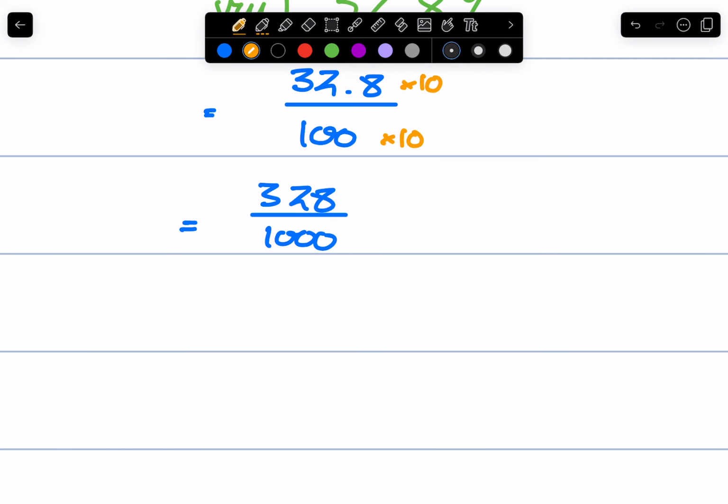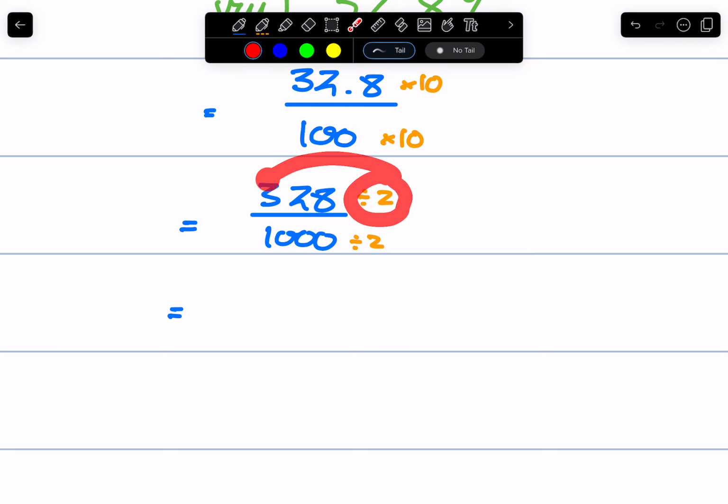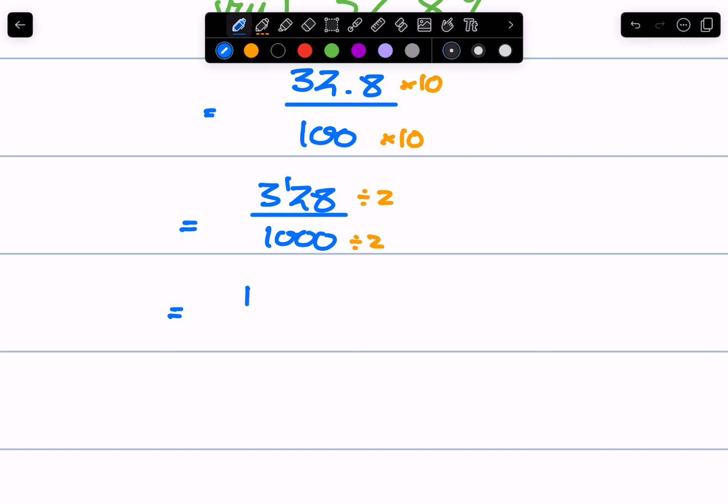And so we need to start dividing this. I can see we can divide everything by 2. It's the easiest number I can count on. 2 into 3 happens once, so 100, with a remainder of 1. 2 into 12 is 6.